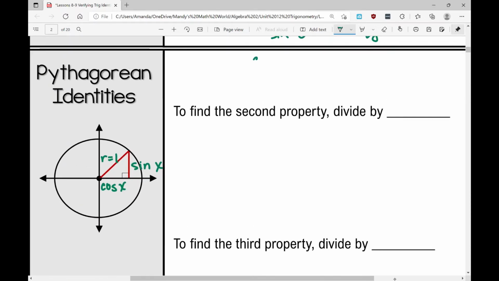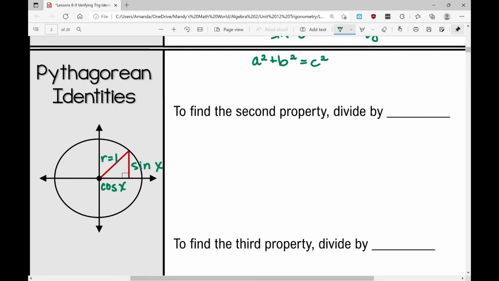Okay, so I know that the Pythagorean theorem states that a squared plus b squared equals c squared. Meaning if I square the legs of the right triangle and add them together, I will get the square of the radius.